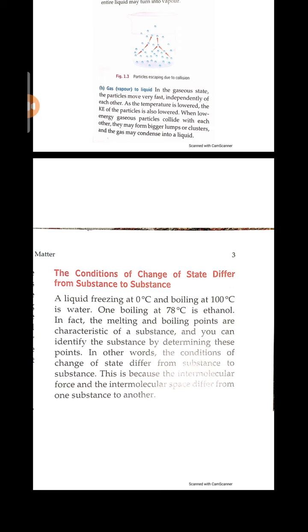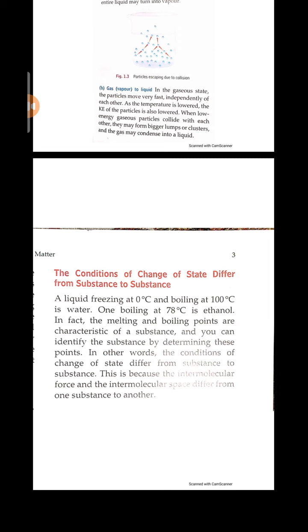In fact, the melting and boiling points are characteristics of a substance, and you can identify the substance by determining these points. In other words, the conditions of the change of state differ from substance to substance.